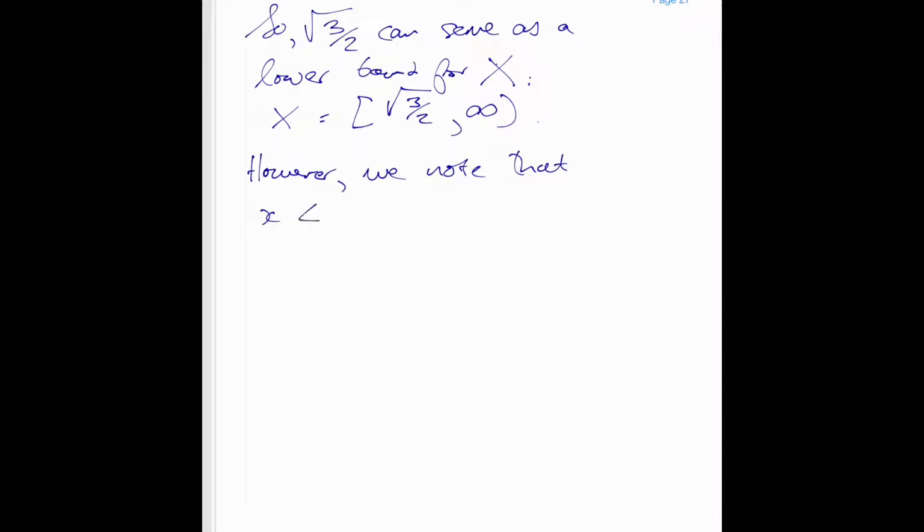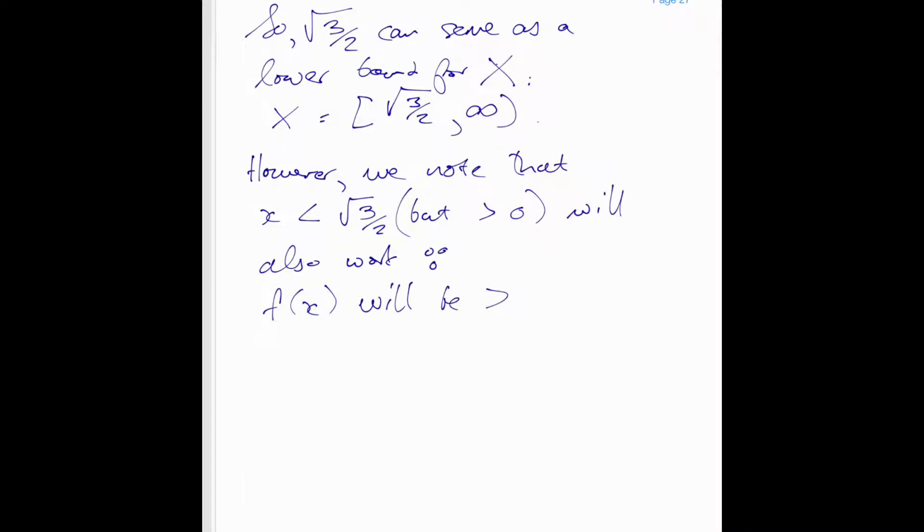But in practical terms, we note that when x is less than the square root of 3 over 2, but greater than 0, this also works, because substituting in such low x values will result in an f of x which is greater than the square root of 3 over 2. So f of x will be greater than or equal to the square root of 3, even when the x naught term is less than the square root of 3 but greater than 0.